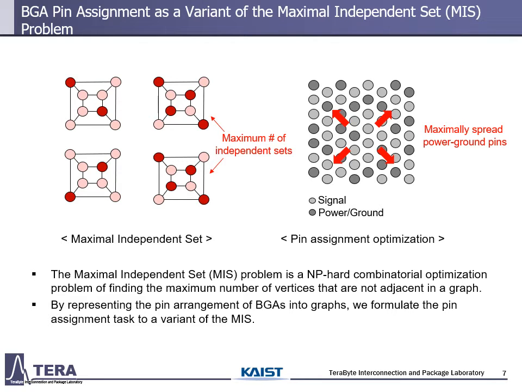The maximal independent set is a very well-known graph problem that aims to find a set of nodes with the maximum number of vertices or nodes that are not adjacent to each other. So we formulate this pin assignment problem as a variant of the maximal independent set problem with the objective to spread out the power ground pins.